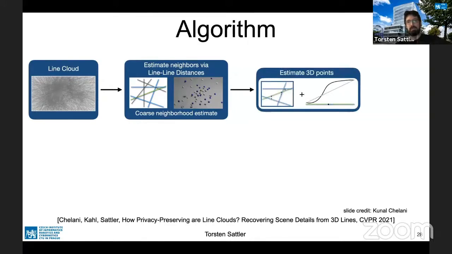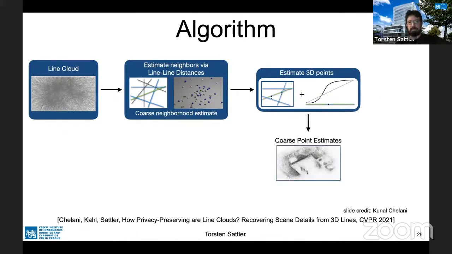We estimate 3D points. Say we want to estimate the 3D point for this green line. From the neighboring lines, we get candidates on where the 3D points could be. And then we do some density-based estimation. I'm not going to go into details. This gives us a core set of 3D points.